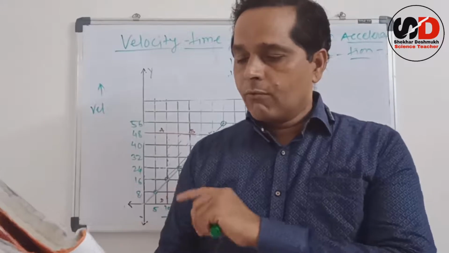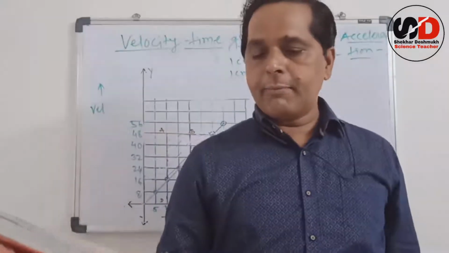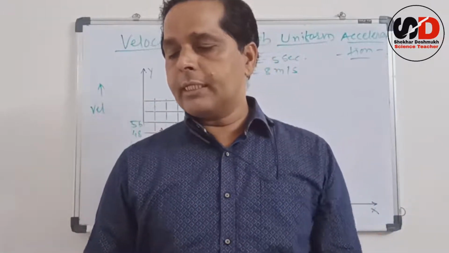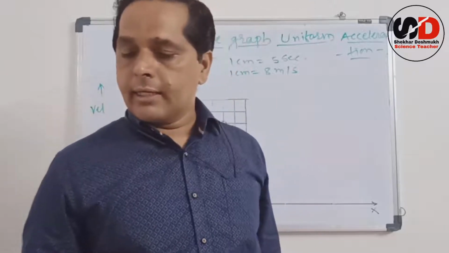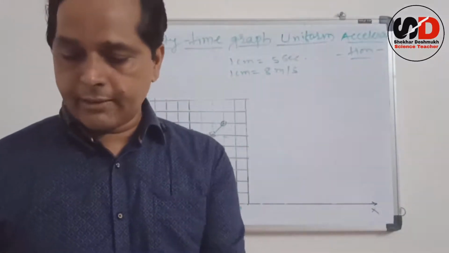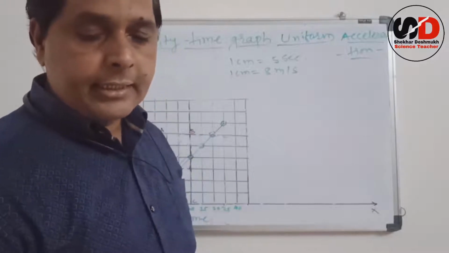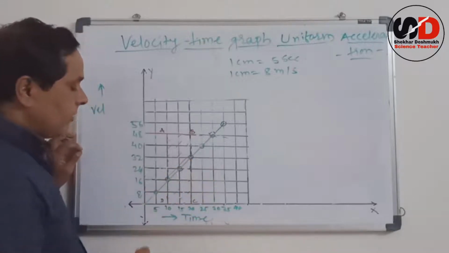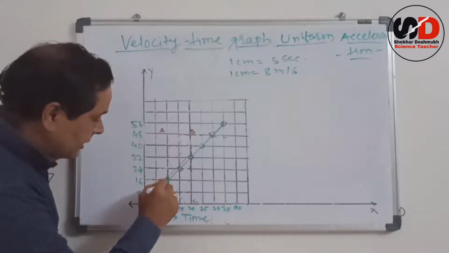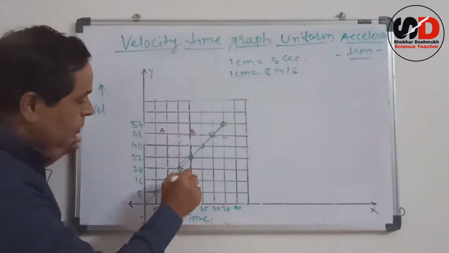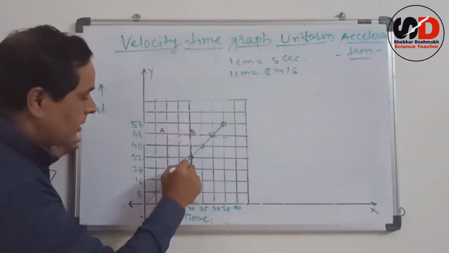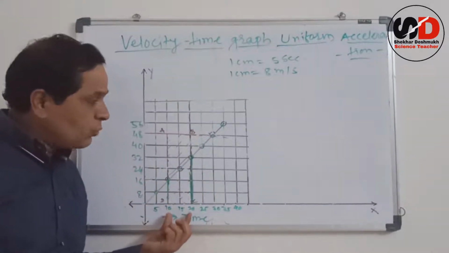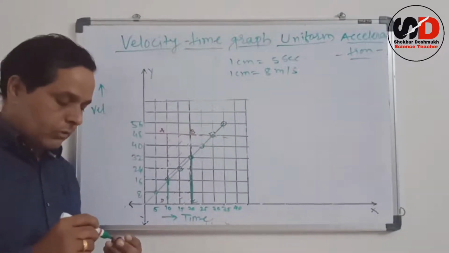From the figure, we can determine the distance covered by the car between the 10th and 20th seconds, the same as we did in the previous example of the train. Now we are going to calculate the distance covered by this car between 10 and 20 seconds. So how much distance is covered between these two? We are going to calculate now.